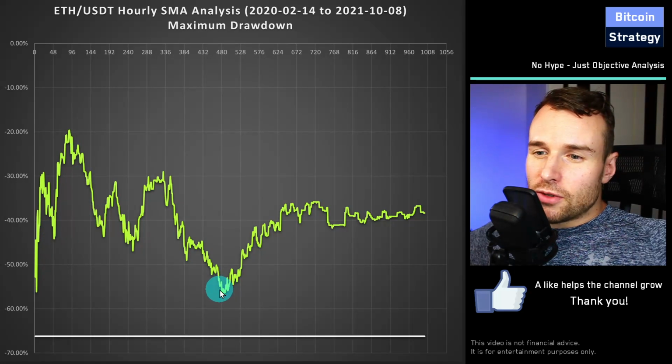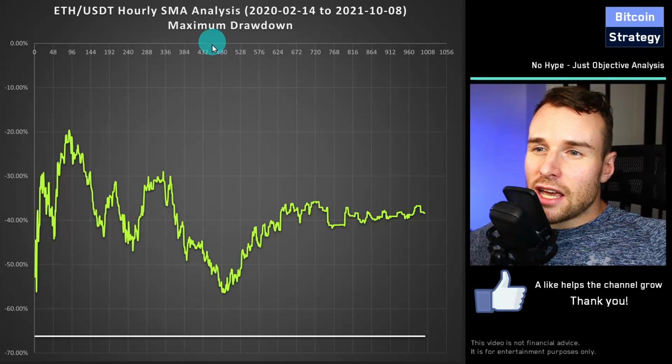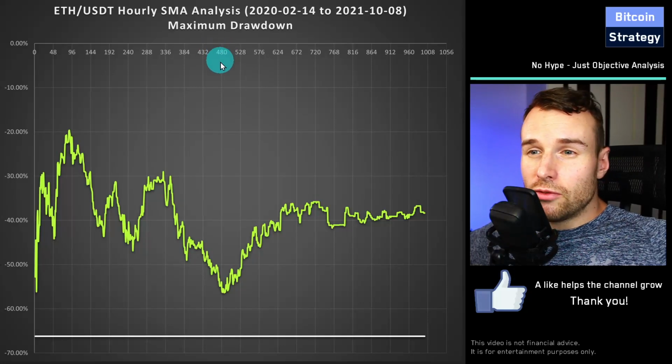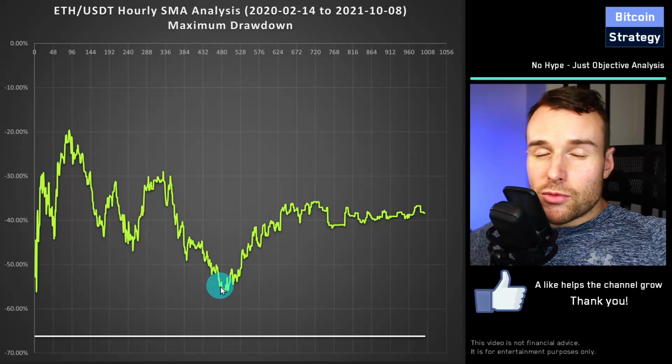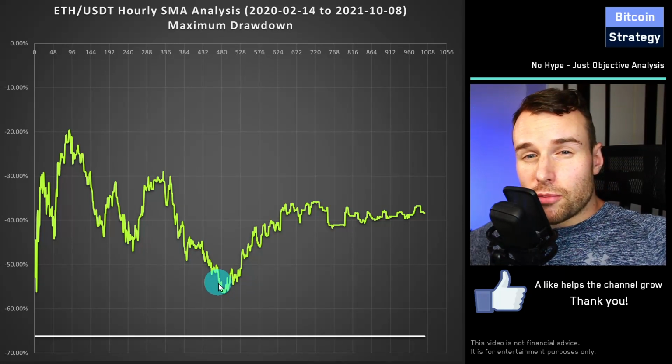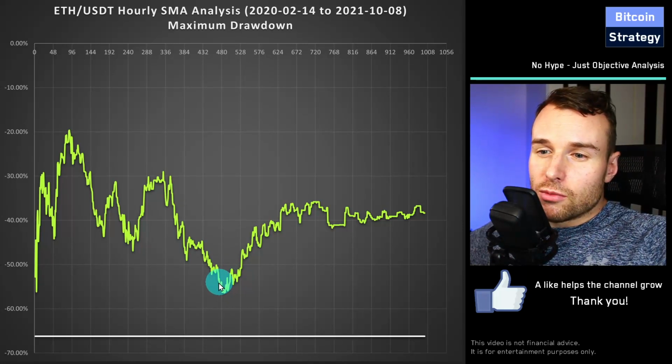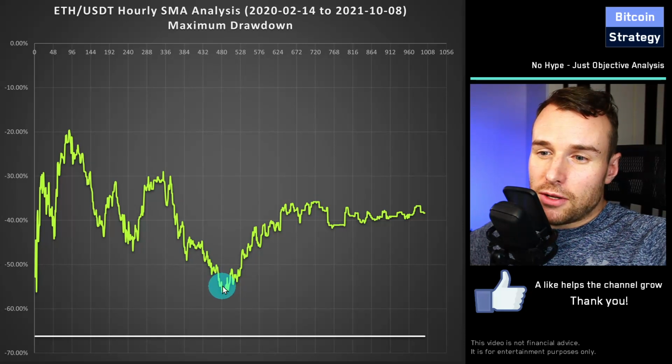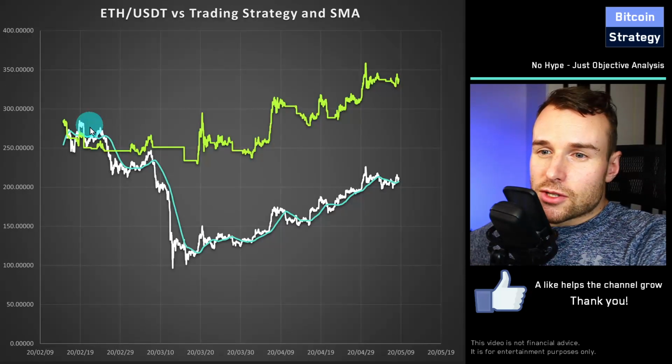Now, this point over here means that for the 480-hour moving average, if we trade it according to that moving average, then the maximum drawdown from the top of the portfolio line to the bottom would have been around 55%, something like this. So this green line here would have dropped 55%.